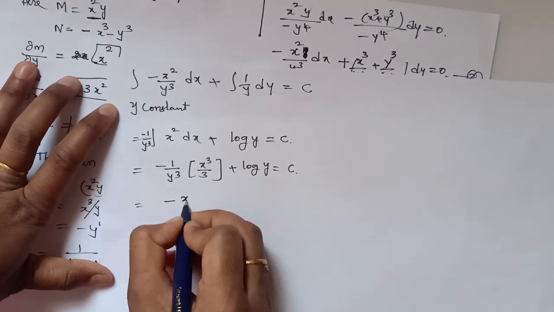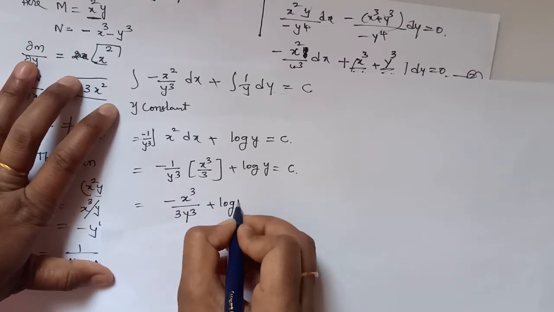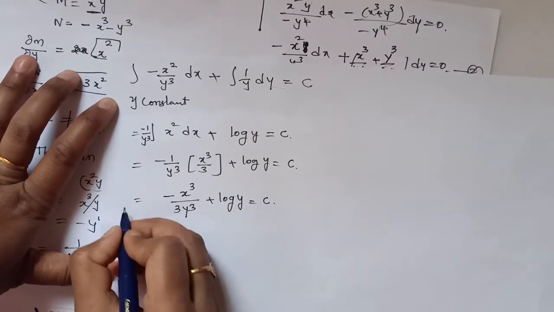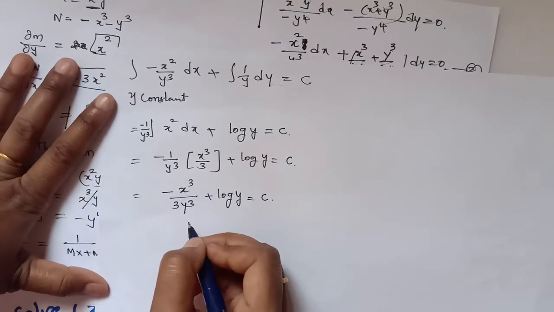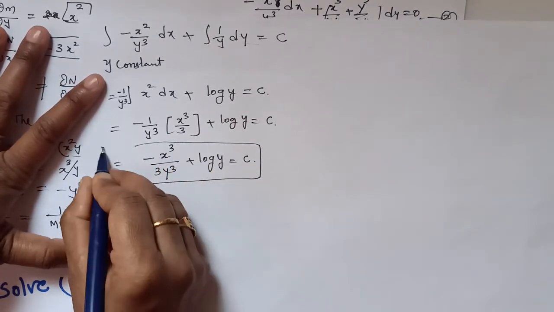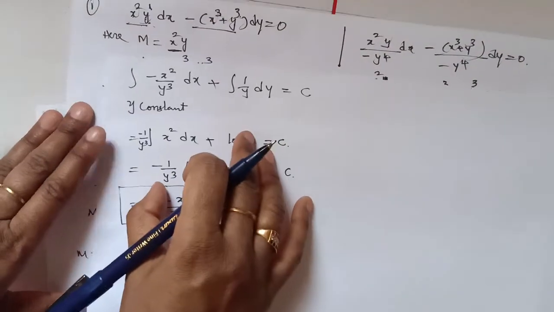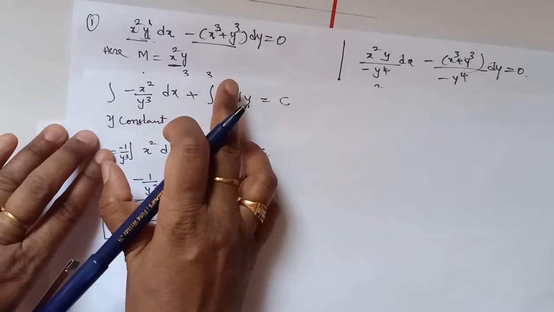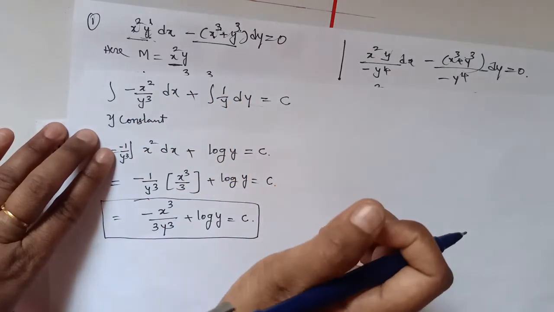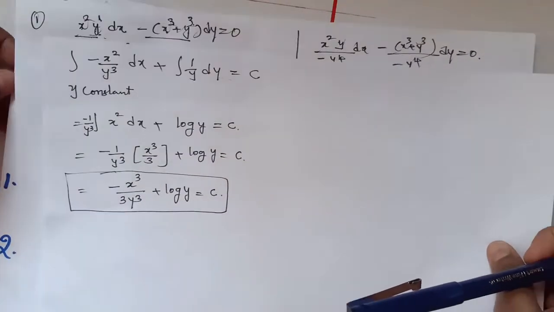This is minus x cube by 3y cube plus log y is equal to c. So this is the general solution of equation 2, and this gives you the general solution of the given differential equation x square y dx minus of x cube plus y cube dy is equal to 0. In this way you have to solve the given differential equation.